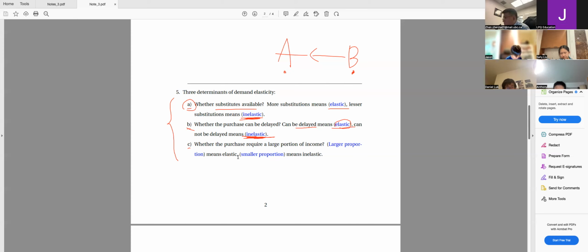Why? Because the price of a pencil is just $1, $2. It's a very, very small part of your total income. So we don't care about how the pencil price will change in the future. So let's make a conclusion here: larger proportion means elastic, smaller proportion means inelastic.